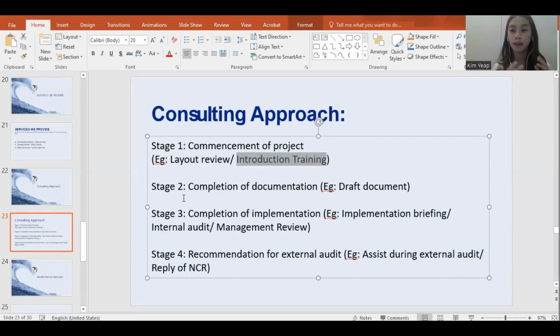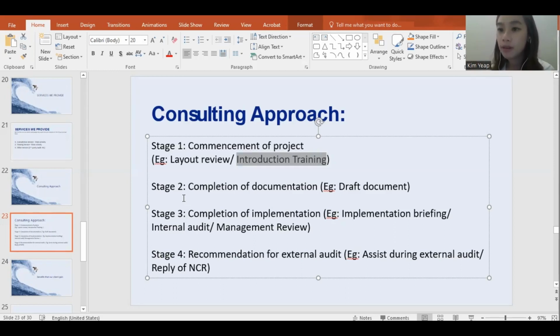It's where the consultant will help them to draft the document based on the standard. Okay, in a simple way, let's use ISO as an example. Let's take 14001, which talks about environmental management. Now, if company A decides to go for ISO 14001, our consultant will, based on the standard, help them to draft the documentation.